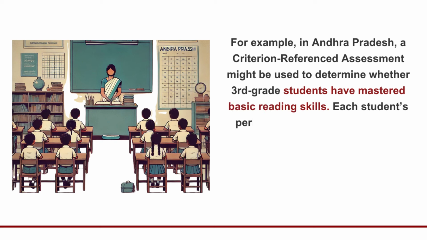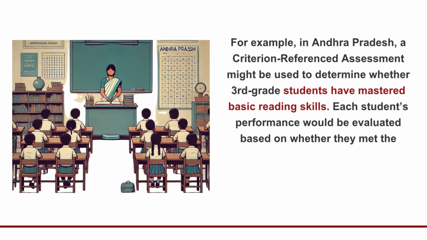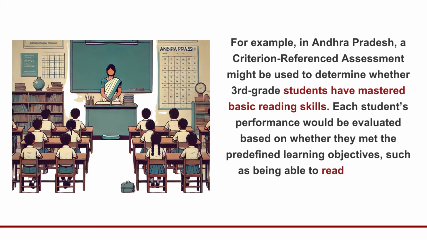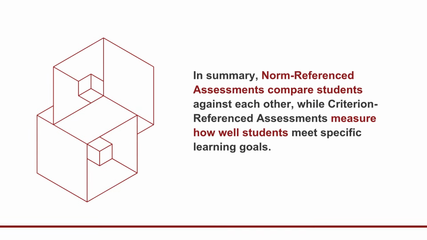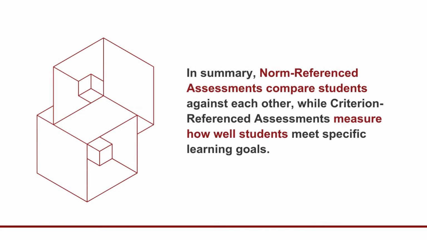Each student's performance would be evaluated based on whether they met the predefined learning objectives, such as being able to read a passage fluently, regardless of how other students performed. In summary, norm referenced assessments compare students to one another, while criterion referenced assessments evaluate how well students meet specific learning goals.